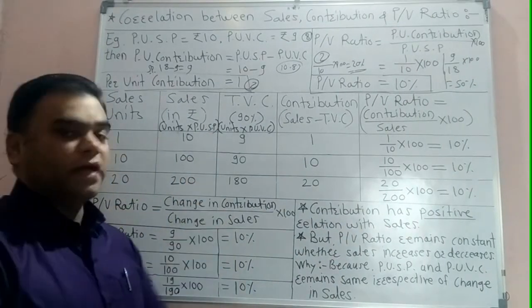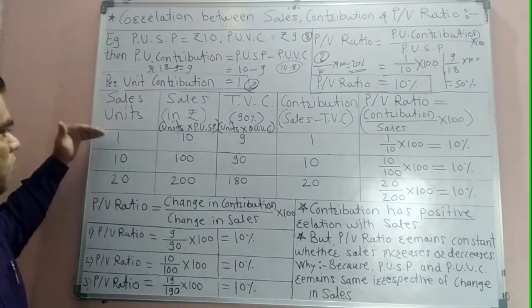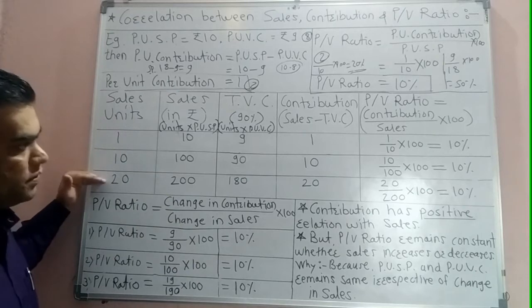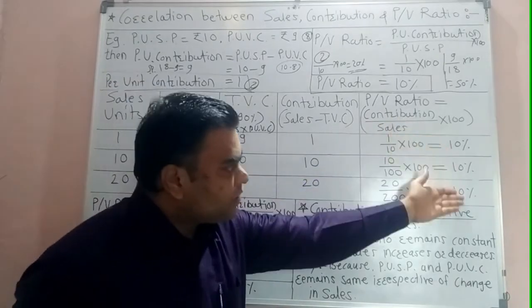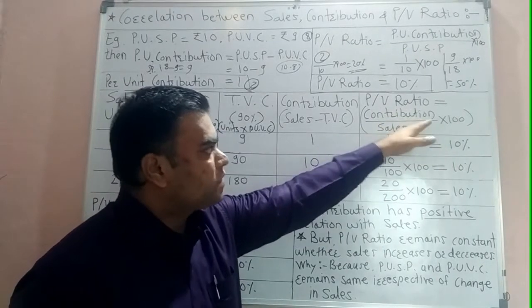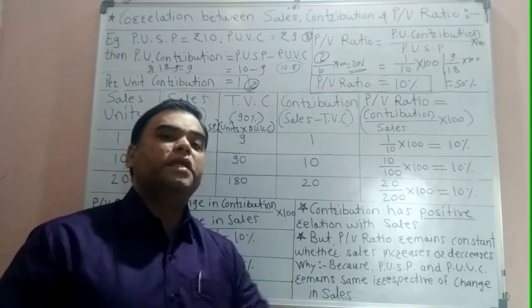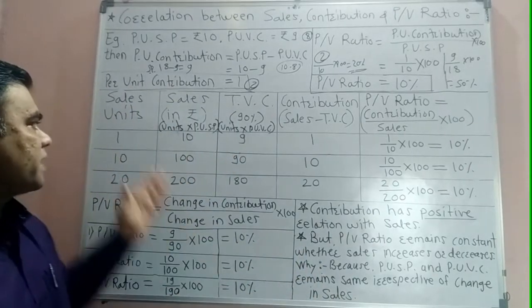Another thing you can observe. You are increasing sales from 1 to 10 units, from 10 units to 20 units, but even though, your PV ratio, that is contribution to sales ratio, is 10%, which is constant, unchanged. Why does it happen?